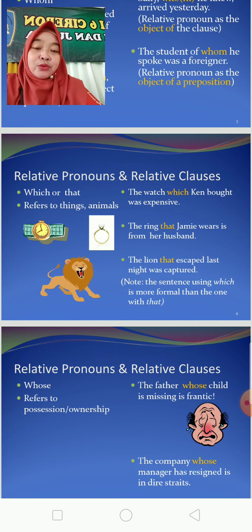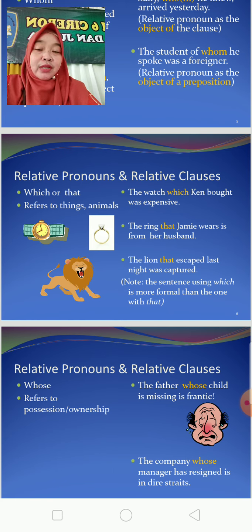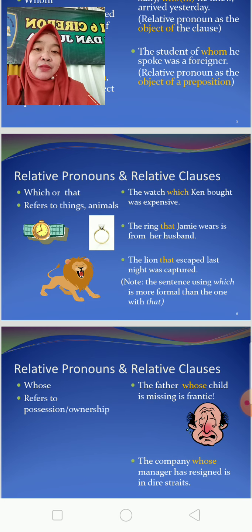The watch was expensive. Which watch was expensive? The watch which Ken bought. So, which Ken bought is a relative clause or adjective clause. It describes the watch that was expensive.